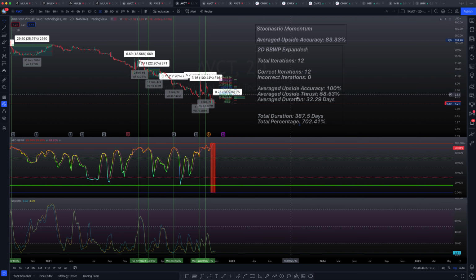The averaged upside thrust is 58.53% over the span of about 32.29 days. I don't usually get a 100% read on moves like this, on measuring volatility versus momentum. This can likely be another shot to the upside.